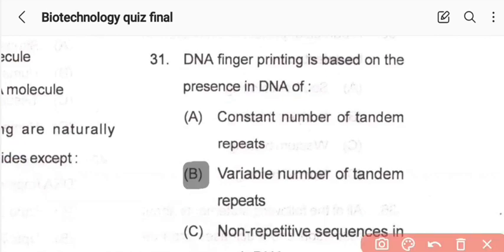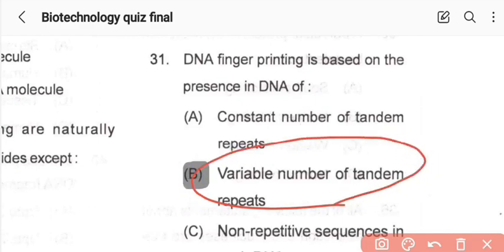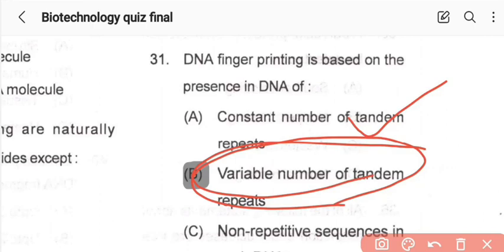VNTRs, or variable number of tandem repeats, and this part is present in a single person, and there is no similarity between these VNTRs and those of other individuals. It means we can generate a profile of different persons and recognize a particular person related to those VNTRs.